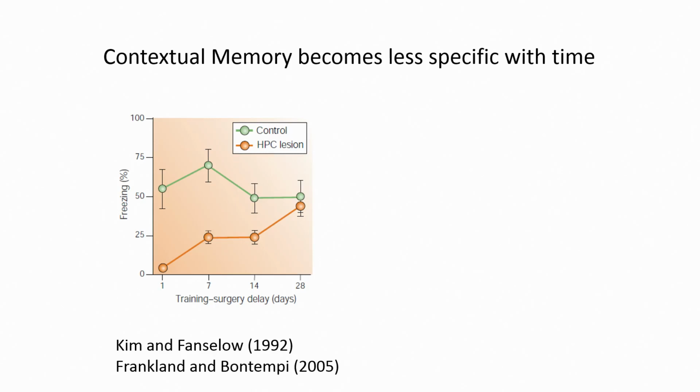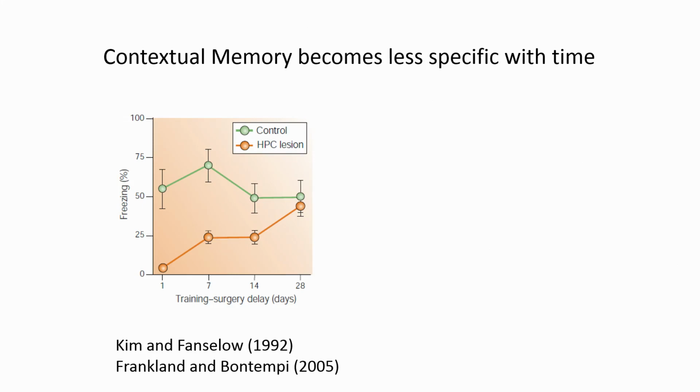In order to do that, he took these animals. We know that if you lesion out the hippocampus, they show the time-dependent consolidation effect, but then he asked a slightly different question. I am going to put these animals in a slightly different context than the training context.